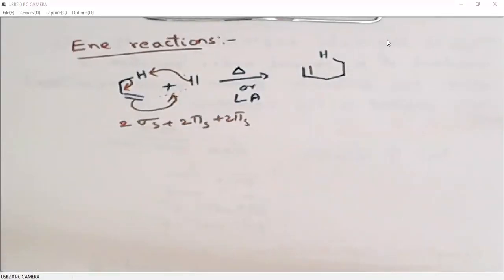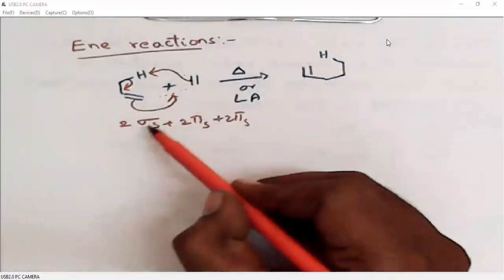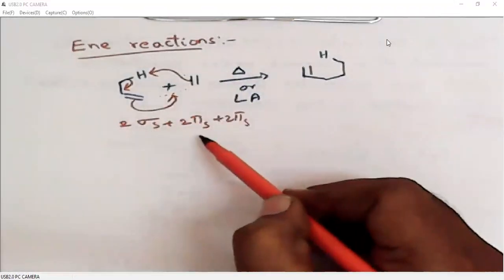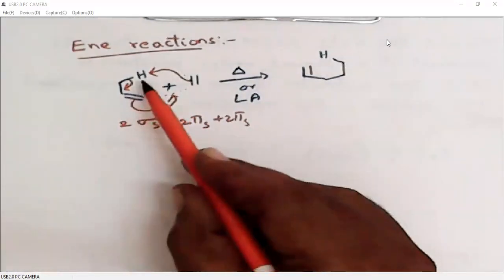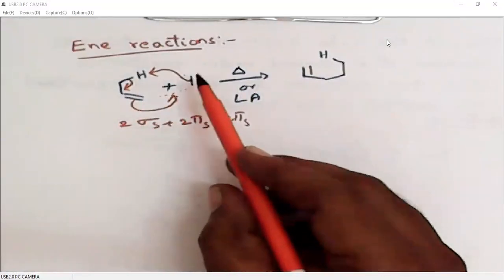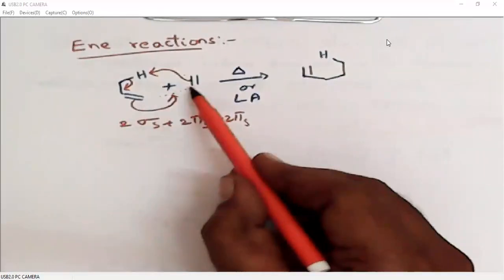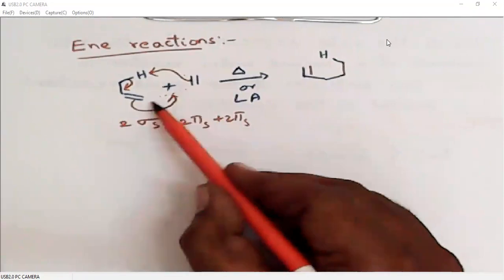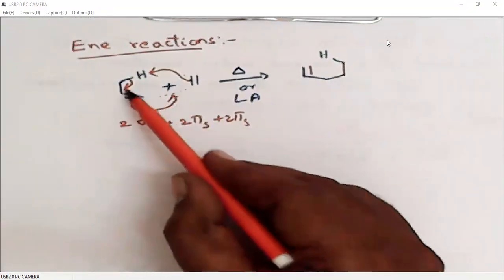Okay. Right. So today we will discuss ene reaction. What is an ene reaction? Ene reaction is a 2 sigma plus 2 pi plus 2 pi reaction where an allylic hydrogen will be transferred to an alkene so that there will be a sigma bond formation between the alkene and the allyl carbon, and the double bond in the allyl system will undergo rearrangement.